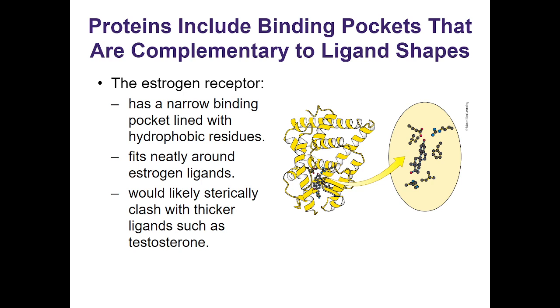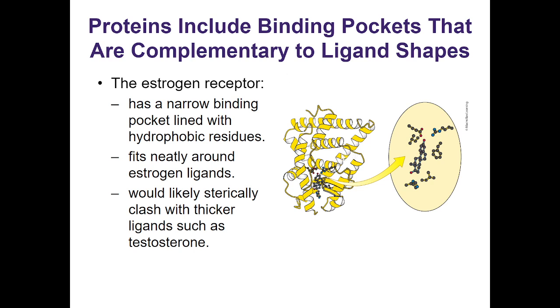This is a cutout of this shape right here. These would be the R groups. Does that make sense? So this is the pocket right here. These chains here are the estrogen. These chains here are the side groups on this protein.